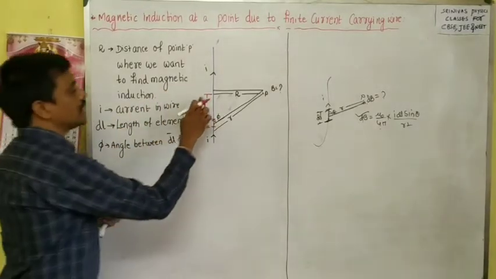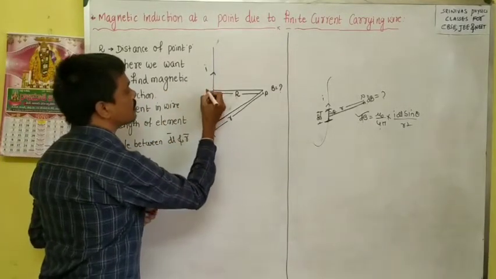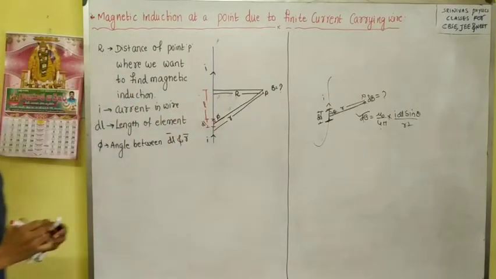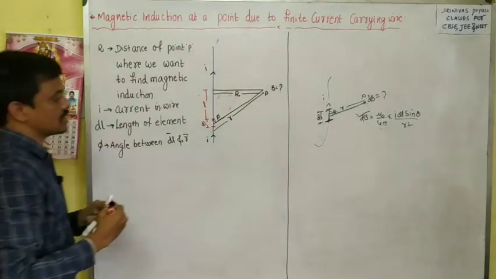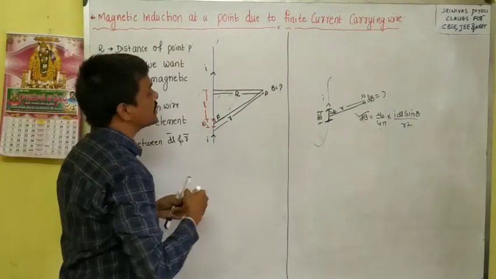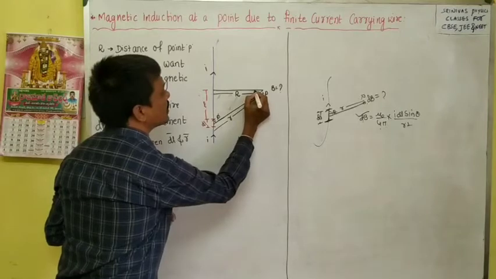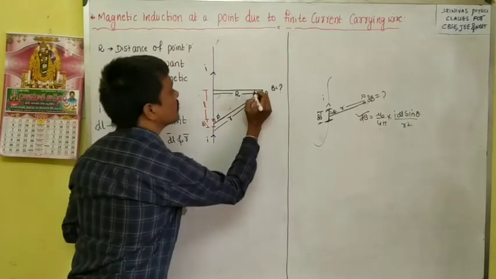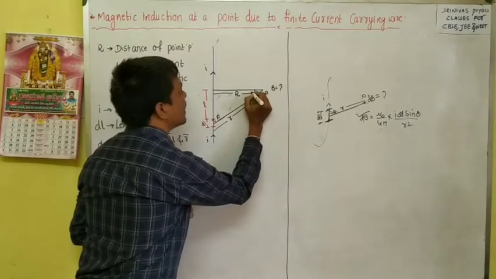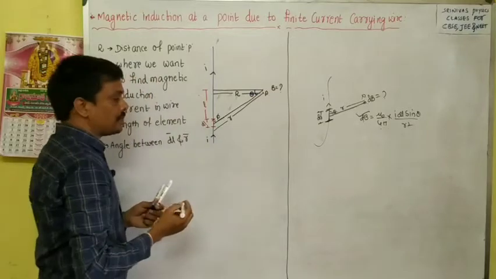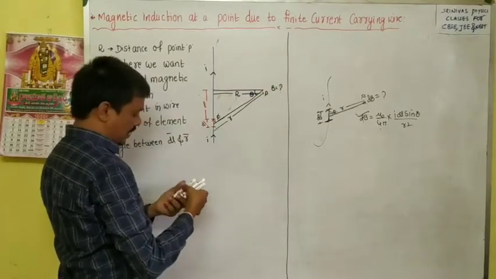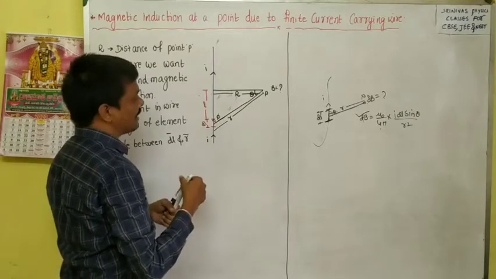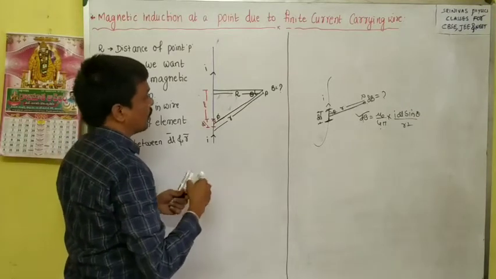From here I want to find out the magnetic induction. This is the point from the center. Next, how to find this? Here I will take that angle as theta. The lower end of the wire is making some angle.